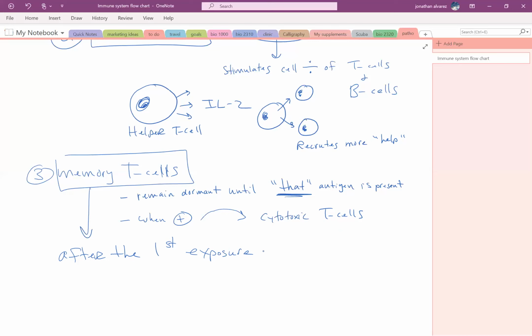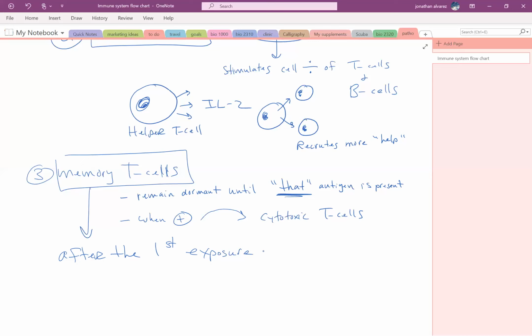Down the road, when you see virus number 1 again, no problem. Now you've got these dormant memory cells and now they're activated and became cytotoxic T cells, and they're going to destroy virus number 1 and you're going to be fine and you're probably never going to even know it. Okay. I mean, think about that.